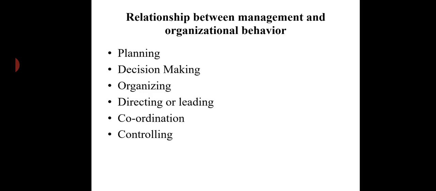Then whenever any change is introduced in the organization, there are some groups of people who will resist that change, they'll oppose that change, they'll not let the management undertake that change, they'll not make it successful. So these are the things which are very OB area.